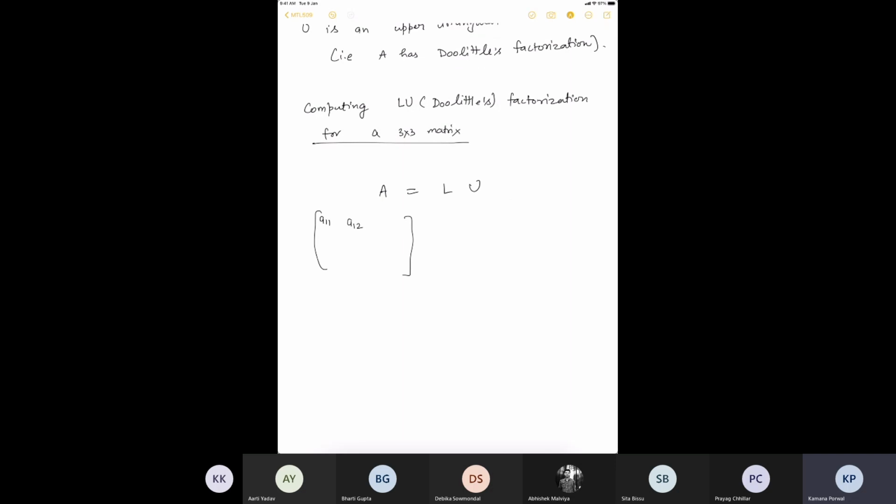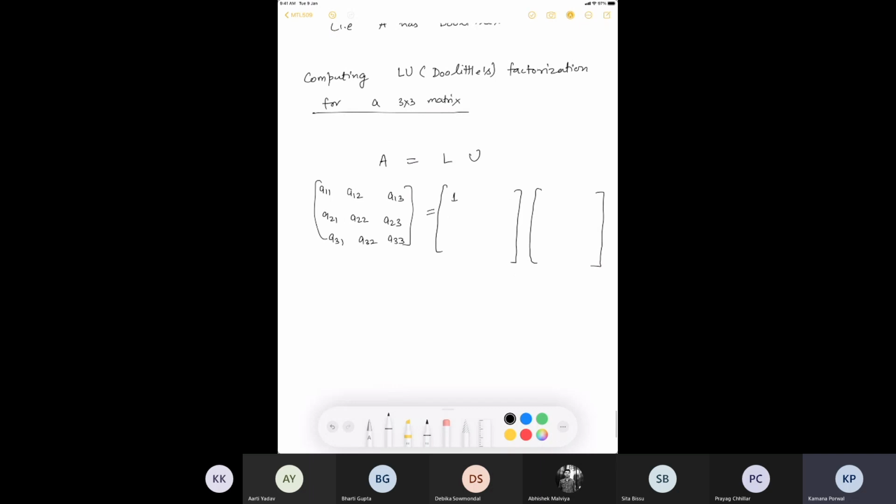So A is given to you. A11, A12, A13 is the first row. The second row is A21, A22, A23, and A31, A32, and A33 is the last row. I want to write this as the lower triangular matrix L having diagonal entries 1, and then an upper triangular matrix.